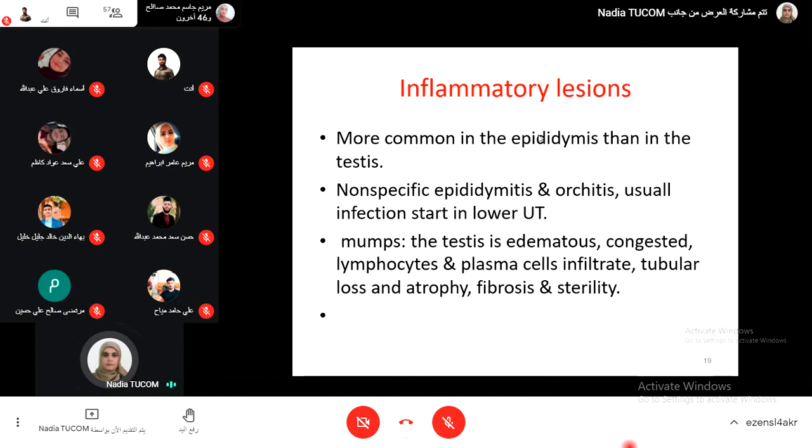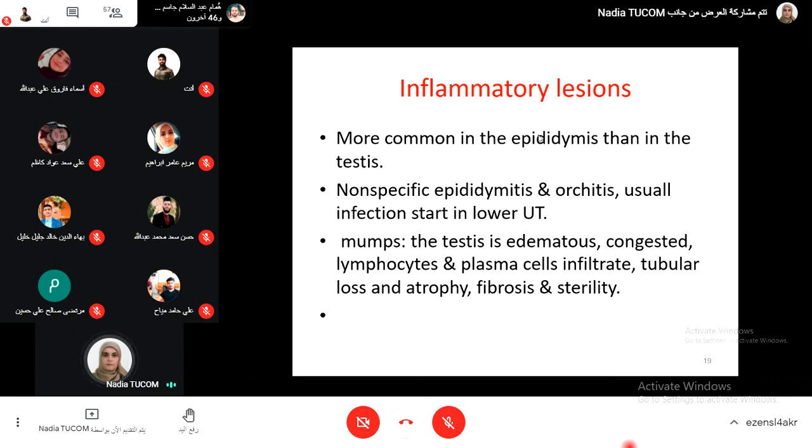Inflammatory lesions of the testis and epididymis. What is the most common cause or source of inflammatory processes, acute and chronic, affecting the testis and epididymis, or infection in the male genital tract?